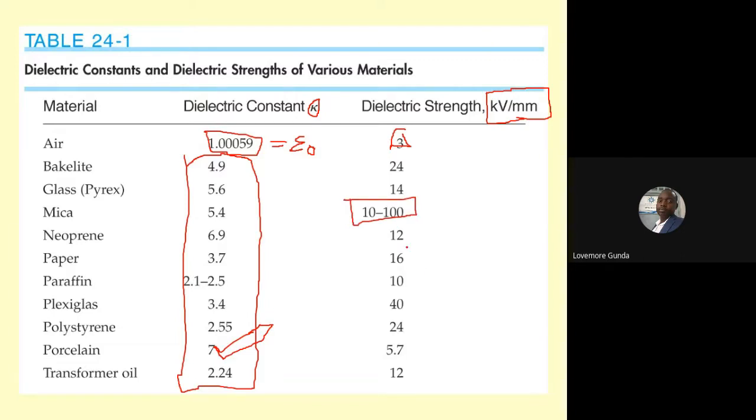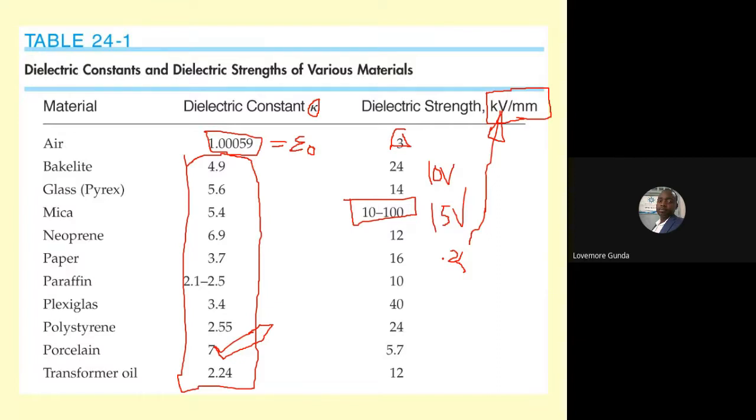That is why capacitors have different voltages given. This is a 15 volt, 25 volt, 50 volt capacitor. It's because of this value. If you put the voltage beyond that given value, then your capacitor will be damaged.